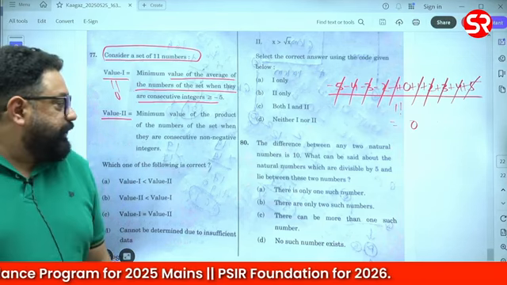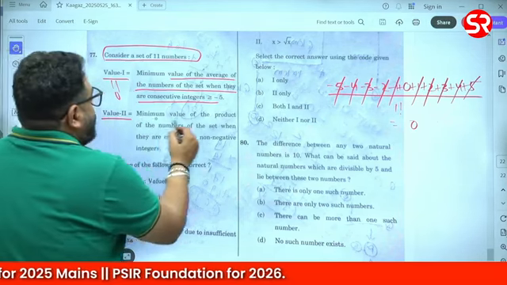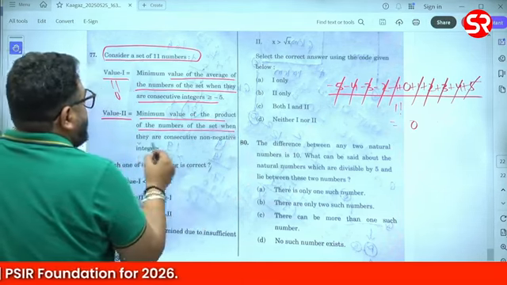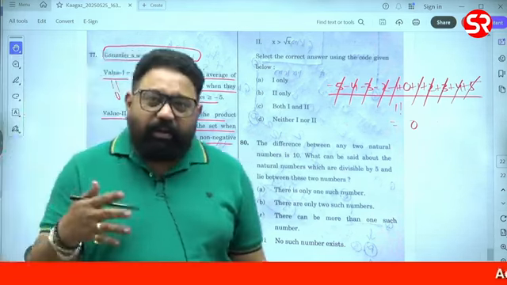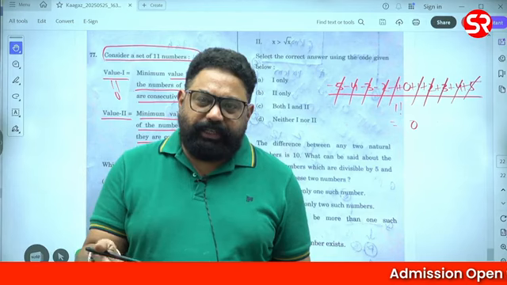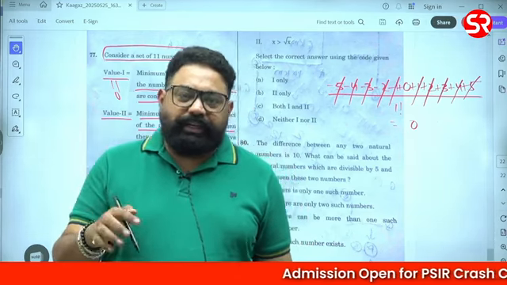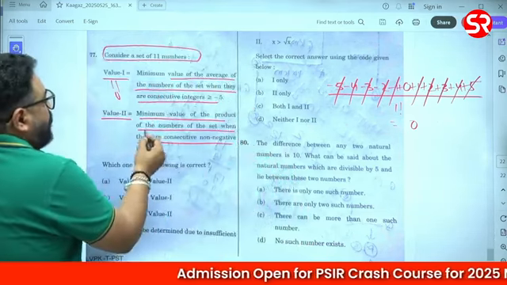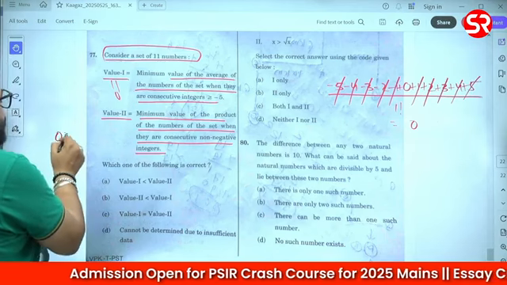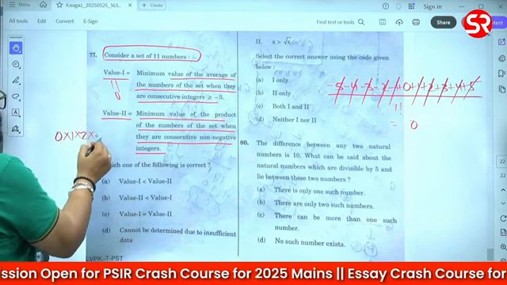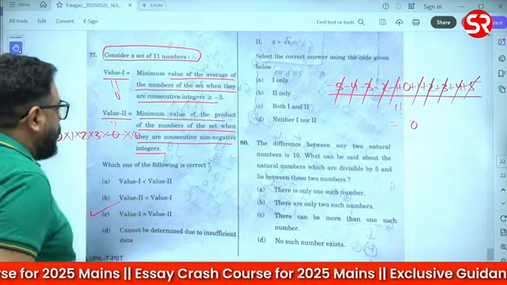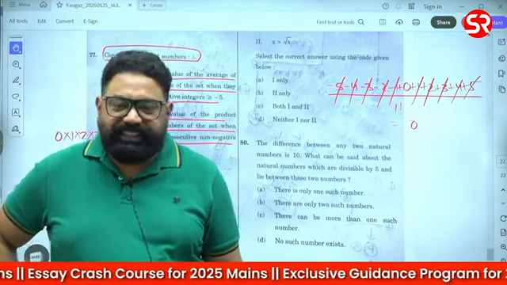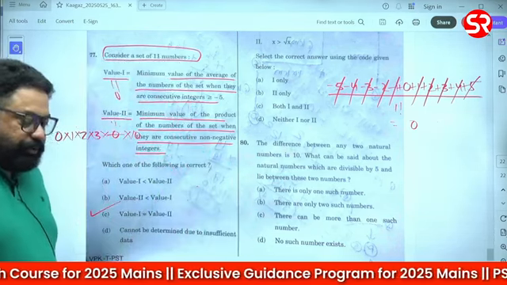All right. And then second, he says minimum value of the product of the numbers of the set when they are consecutive non-negative integers. Guys, non-negative integers, right? 0 is also a non-negative integer. So minimum value of product of 11 numbers would actually be 0 into 1 into 2 up till 10. Again, it is 0. So value 1 is equal to value 2. Answer is C.